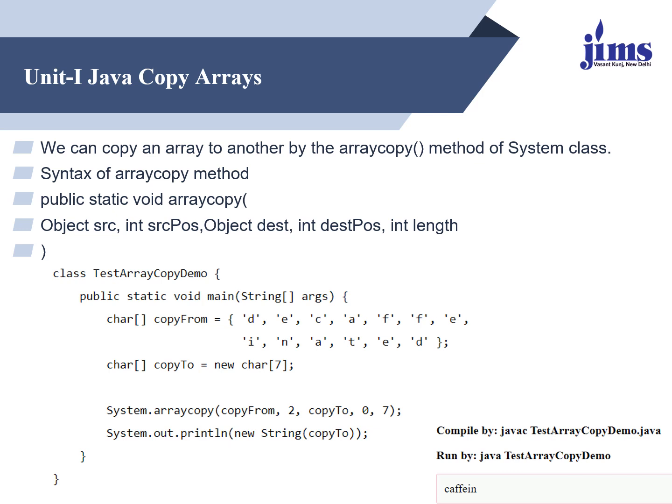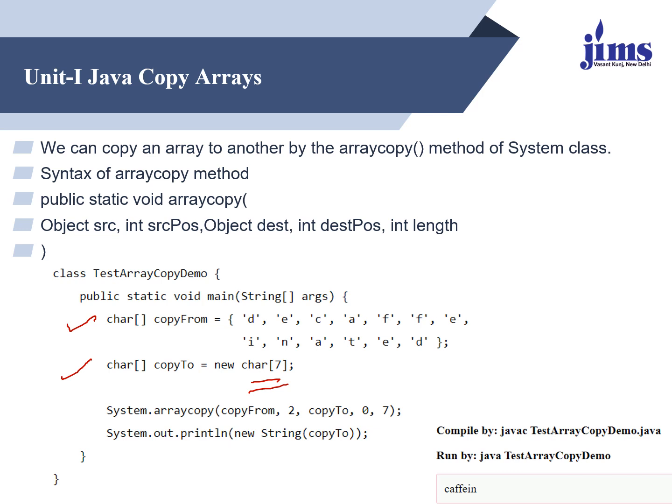How can you copy? Suppose I have one array of character type and another array of character type. The first character array has different values D, E, C, A, F and so on, whereas the other array has only a size and no values. Here I am only allocating the memory, and the size of this array is 7.